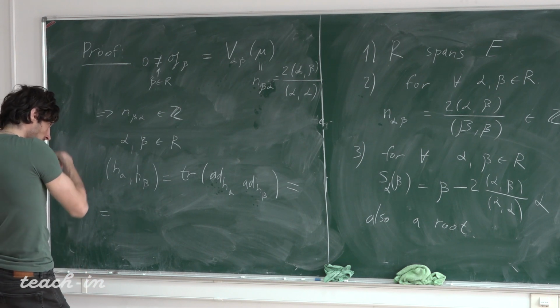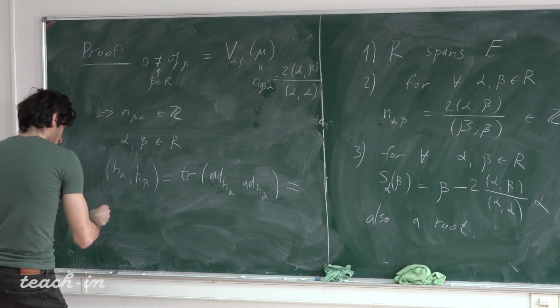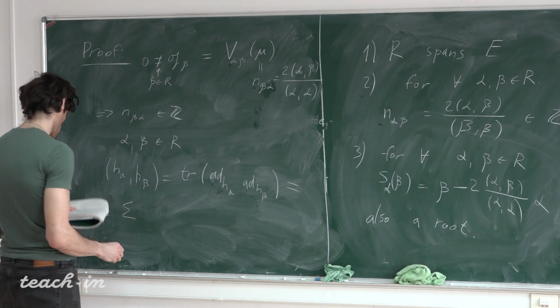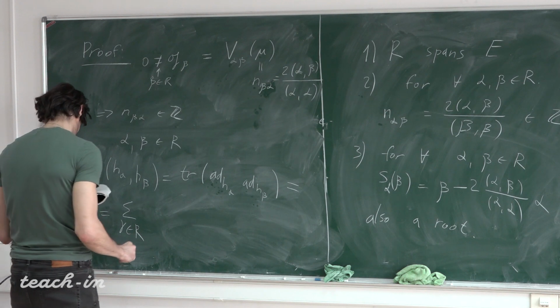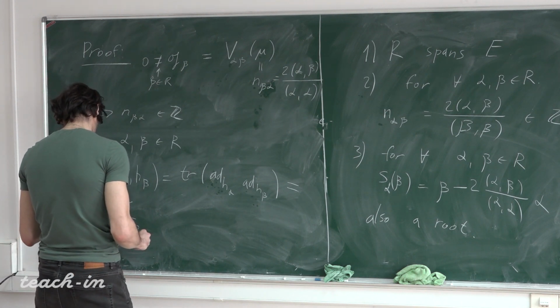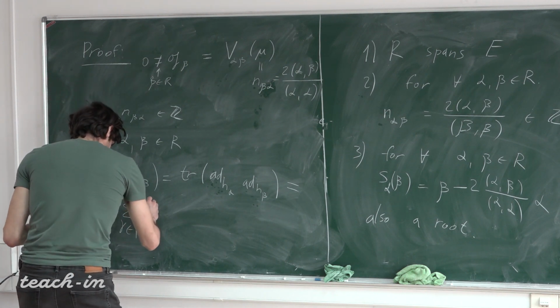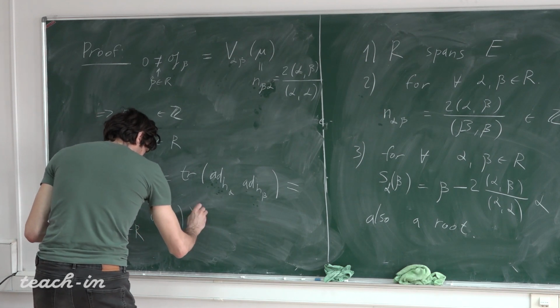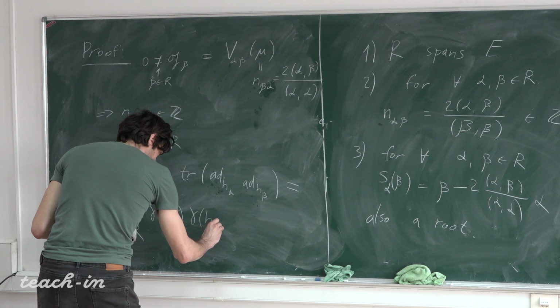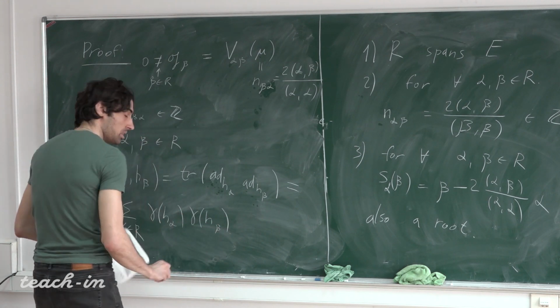So this is the sum over roots gamma of gamma of H alpha, gamma of H beta.